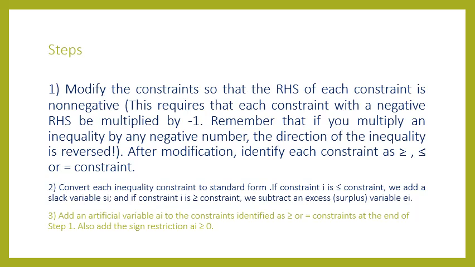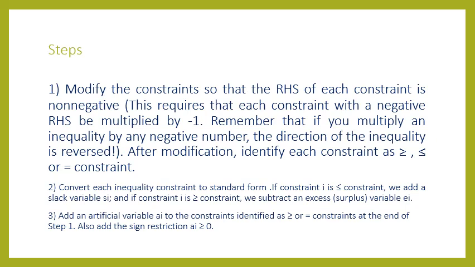So, generally the steps of applying the Big M method are to fix the constraint to the standard form and then the artificial transformation. What do we mean by artificial transformation?